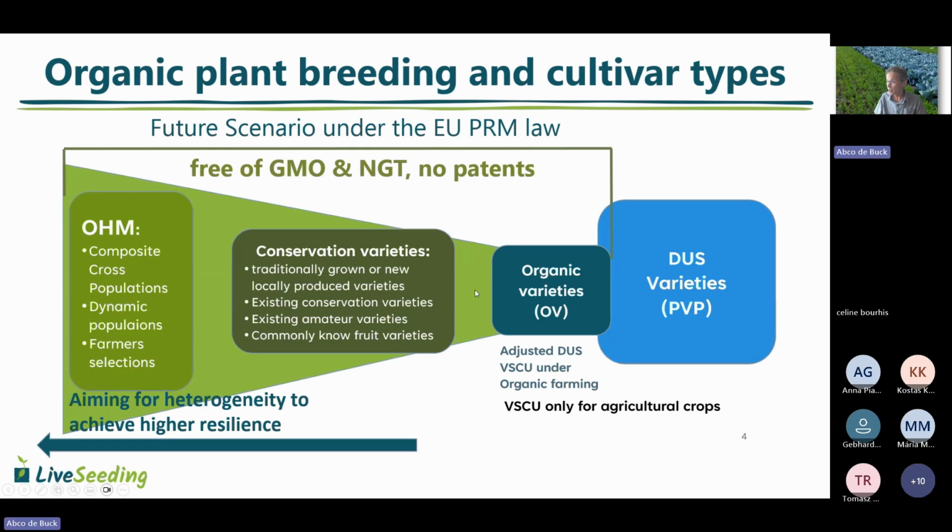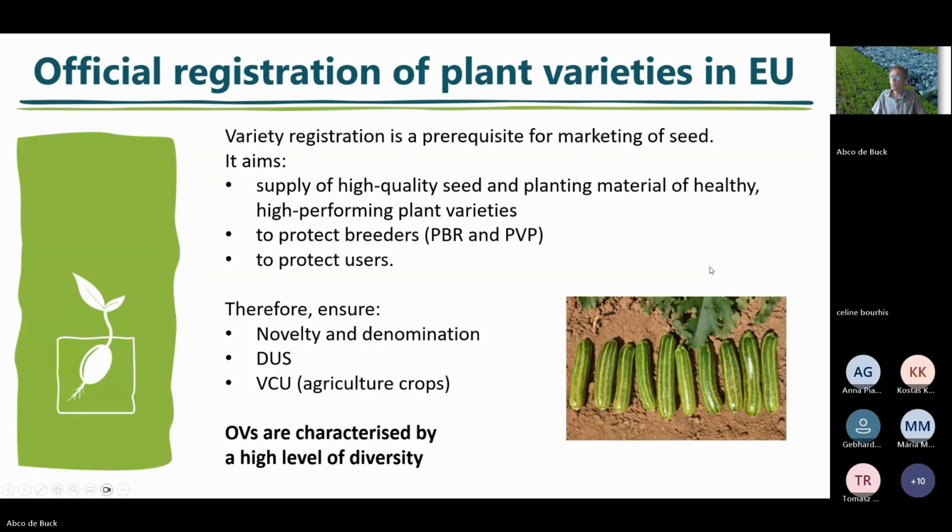Organic varieties and conventional varieties, of course, have to pass the DUS, and for agriculture also the VCU, totally compliant with the CPVO and UPOV regulations. Variety registration, what do we do it for? To have high quality seeds on the market, to protect breeders, and also to protect the users on the market.